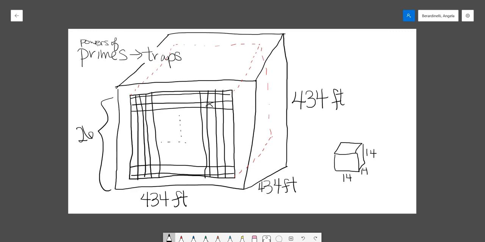There we introduce an idea in 3-dimensional geometry, which is say that this direction across is the x-axis. This direction forward and backwards is the y-axis. And then the vertical space up and down is your z-axis.